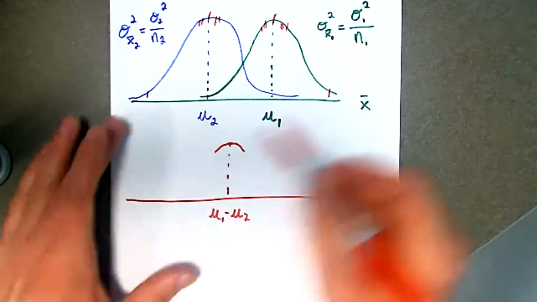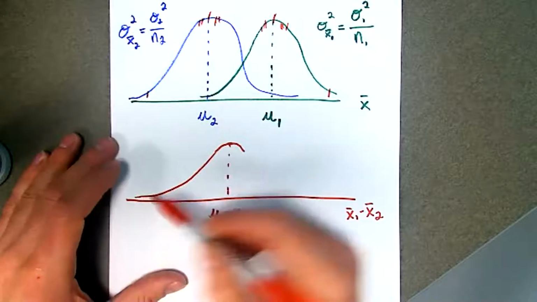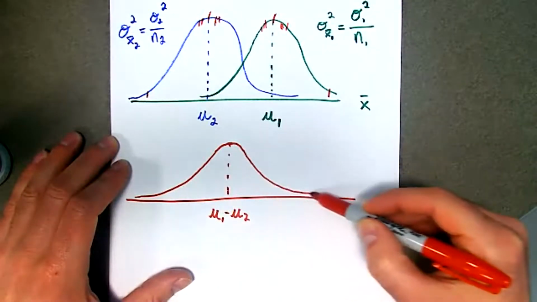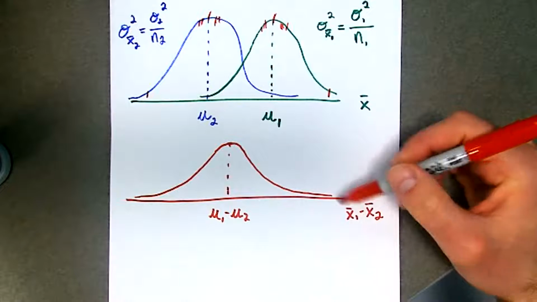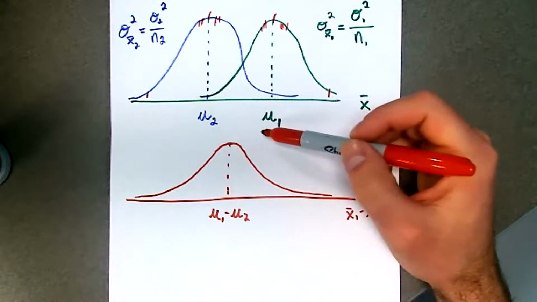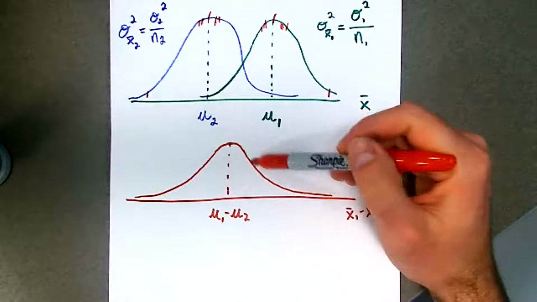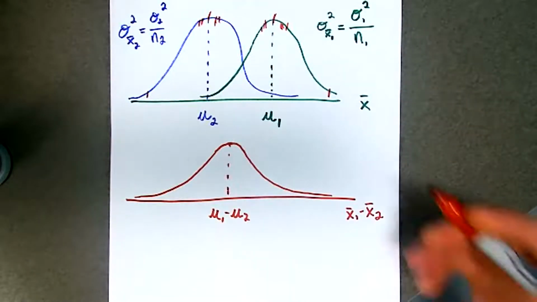So really large differences are very, very unlikely for me to see. So what ends up being true is that the difference in our sample means should be centered around whatever that true difference is between the population means. And then any difference in either direction should be less and less likely.